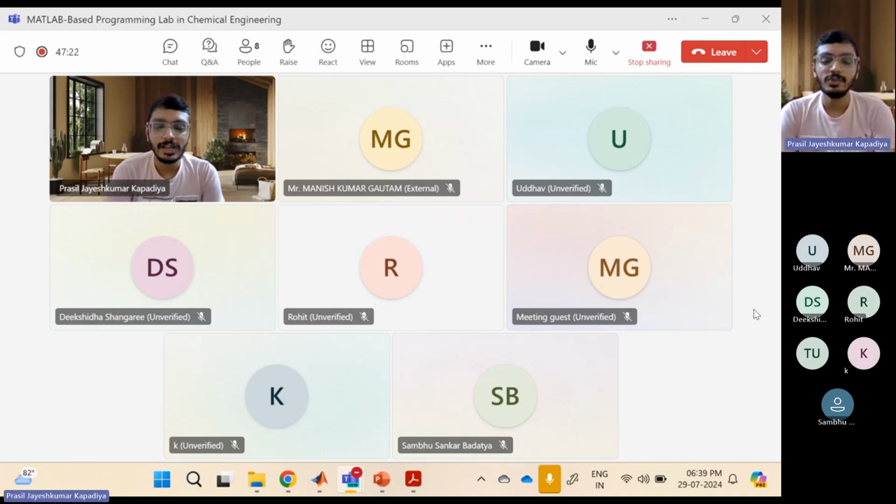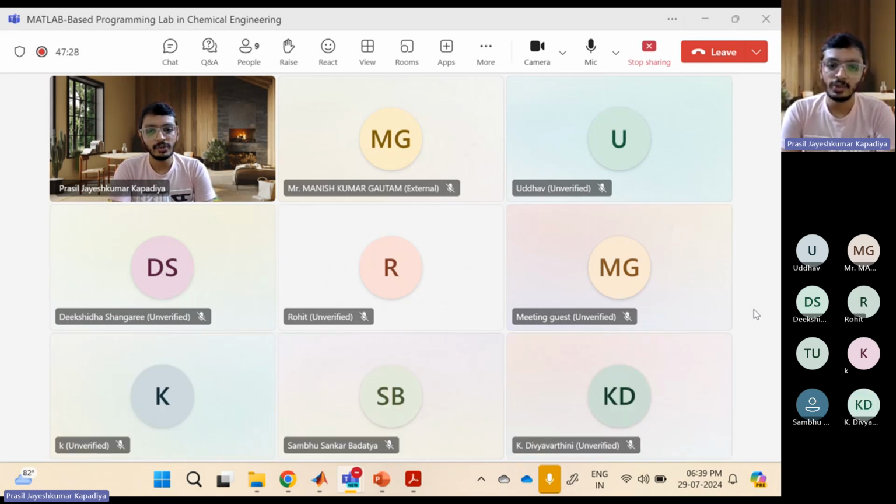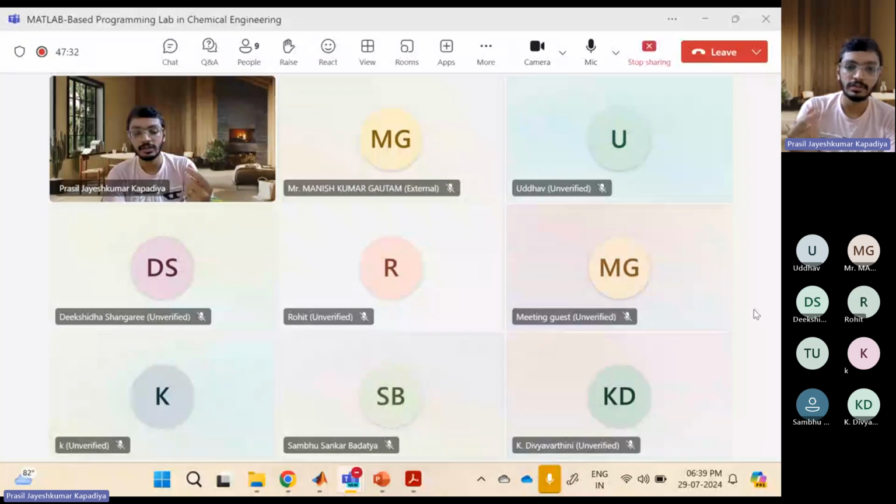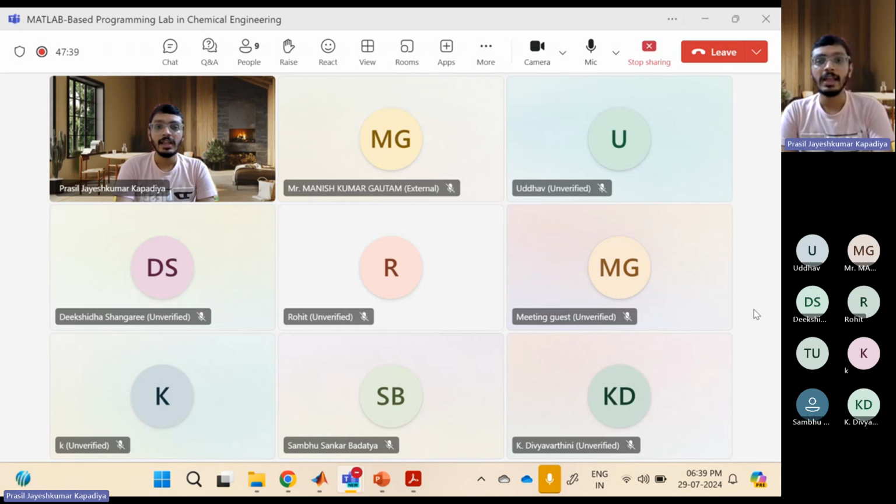Okay, so let me tell you, let's say you are doing an experiment when you are willing to find the order of the reaction, right? So what you do, you measure your concentration of the reactant at some particular time interval, and then you plot concentration versus time. When your order of reaction n is equal to 1, it should follow a particular kind of equation. n is equal to 2, it should follow a particular kind of equation.